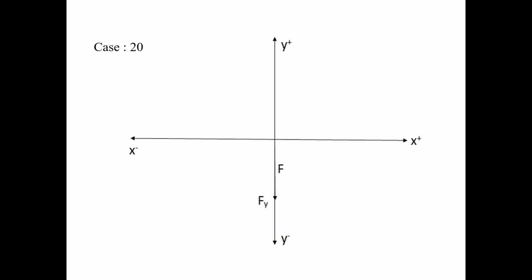Y-axis projection Fy is equal to F sin theta. From condition 9 to 16, the force F making the angle theta with y-axis. In all those conditions, x-axis projection Fx is equal to F sin theta. Y-axis projection Fy is equal to F cos theta.